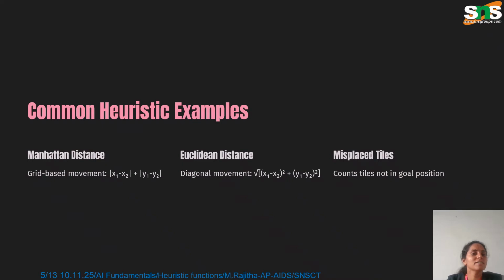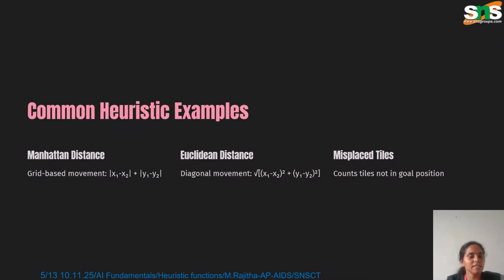Common heuristic examples: Manhattan distance, Euclidean distance, misplaced tiles. Manhattan distance is used in grid-based movement. It calculates the total horizontal and vertical distance between 2 points. Euclidean distance is the straight line distance between 2 points, useful when diagonal movement is allowed.